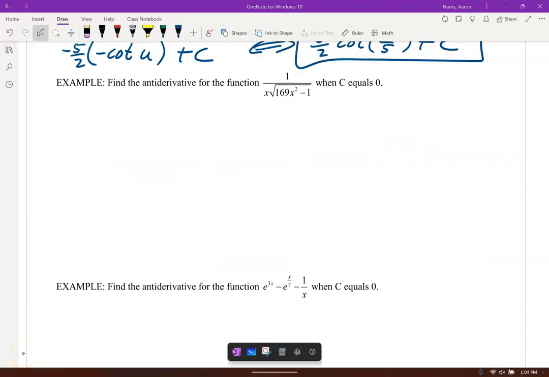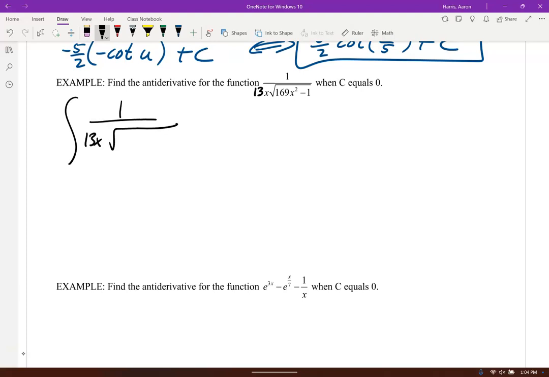If you notice on this, you can see how you got that x, and this is a typo. That's actually supposed to have a 13 right there. So let me rewrite this. I'm finding the antiderivative of 1 over 13x, square root of 169x squared. Let me write that as 13x quantity squared minus 1. Hopefully you can see that u there.